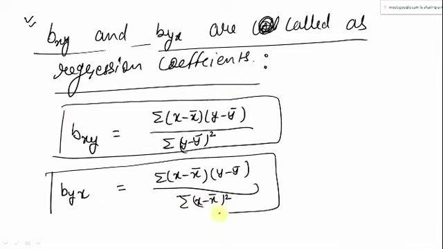I hope you all know what is summation x minus x bar into y minus y bar, and what is summation x minus x bar square, and what is summation y minus y bar square. Any problem with anyone? Any issue in the formulas or concepts of regression coefficients? No, sir. No problem.